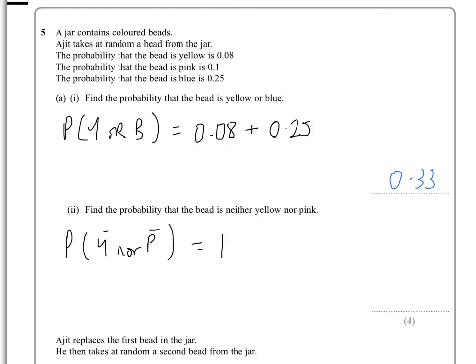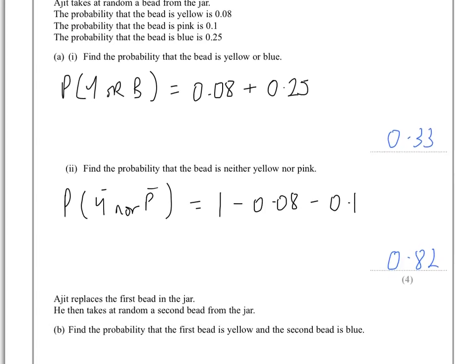So it's 1 minus the probability of it being yellow, 0.08, minus the probability of it being pink, 0.1. That gives us a probability of 0.82. So that's the probability that it's neither yellow nor pink.